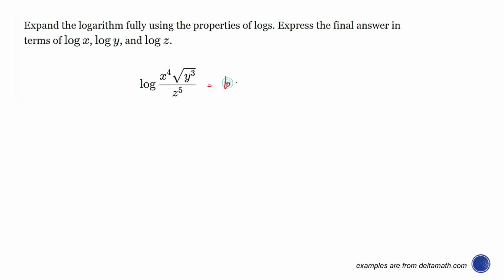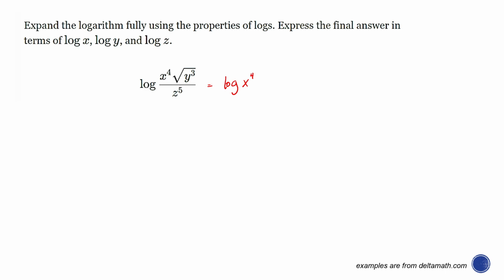So which means log x raised to 4. Here, what I will do with that square root of y raised to 3, I will express that into exponential form. Now, in order for us to do that, we need to know the index of the radical here. Now, we don't see any number.